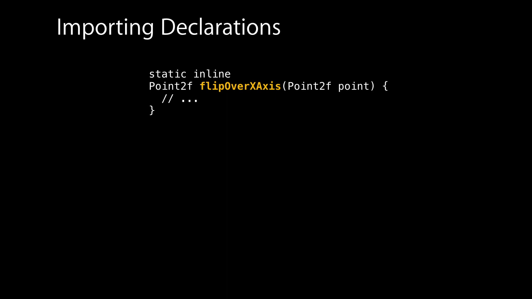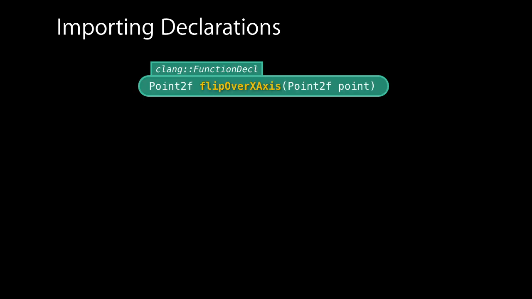All right, but we found our declaration. What is it going to take, then, to bring this declaration into Swift? Because we loaded this as a module, we actually don't need to be worrying about this textual form. Instead, we're going to be working with a Clang AST. And so we start with this Clang FunctionDecl.